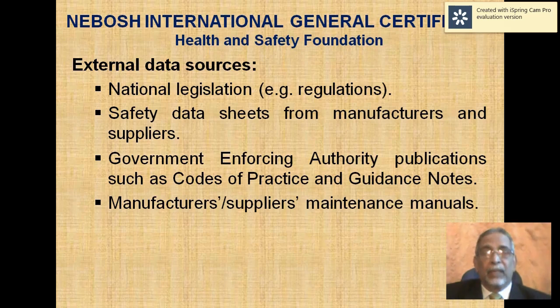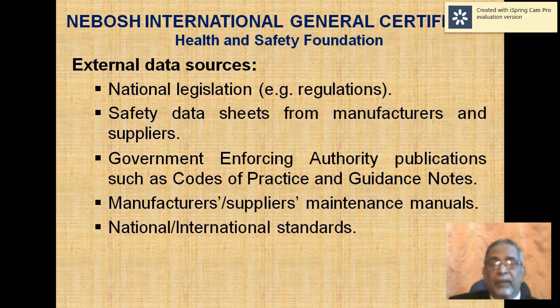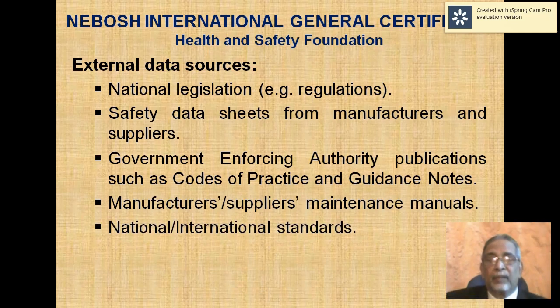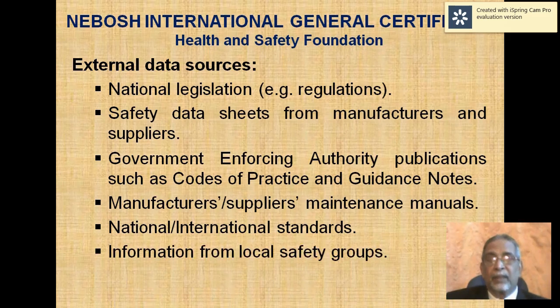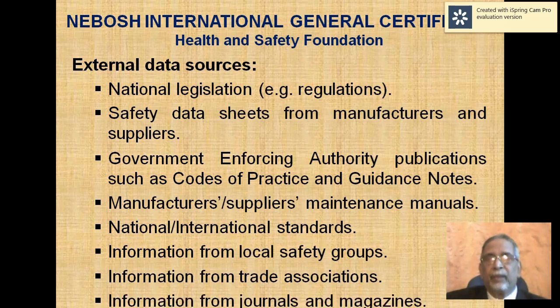The other type of information is manufacturers' and suppliers' maintenance manuals. Another type is national and international standards. Another type is information from local safety groups. Another one is information from trade associations. And the last one is information from journals and magazines.